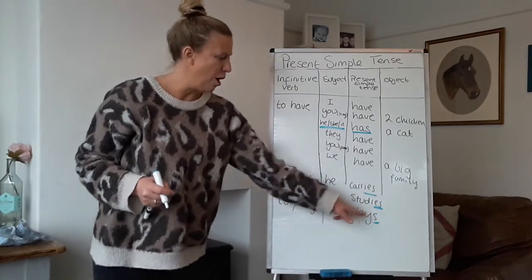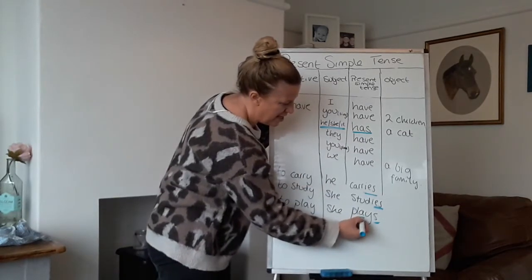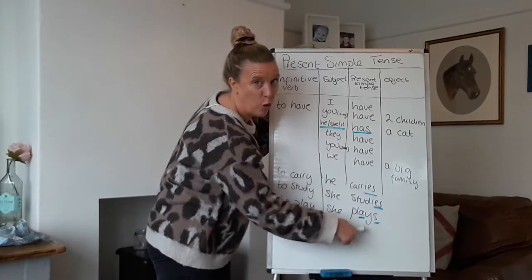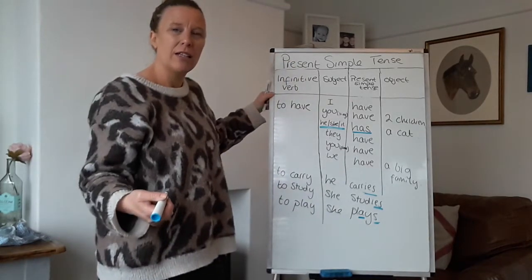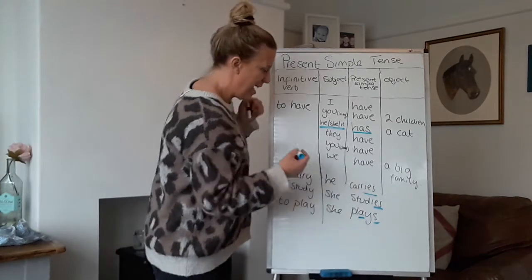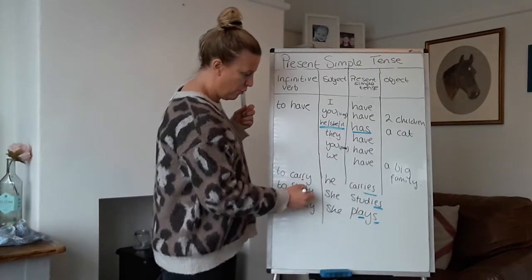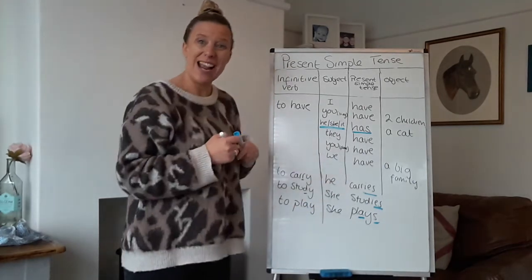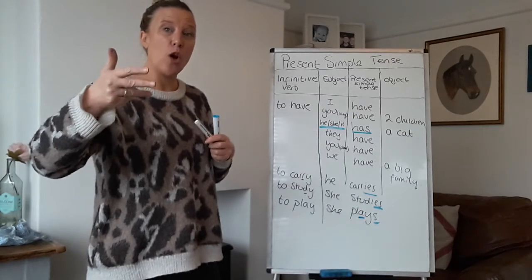This one we keep the Y and just add S because there is a vowel before the Y. If there's a vowel before the Y, then we don't remove the Y, we just add S. But if there's a consonant before the Y, we remove the Y and put IES. So vowel, A-E-I-O-U.